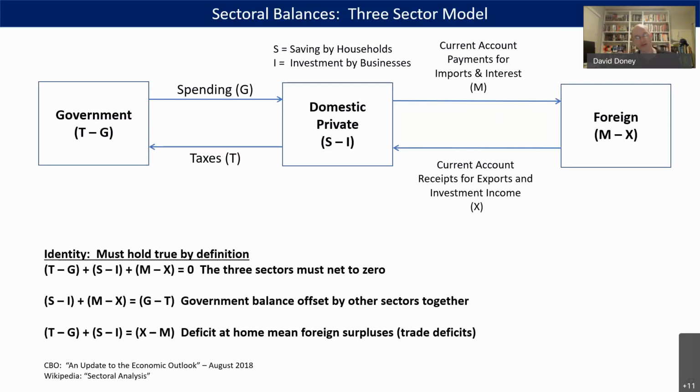Likewise, if you have a trade deficit, meaning the foreign sector is in surplus, they're draining money out. So when I said earlier you want the government budget deficit to be bigger than the trade deficit, what I'm essentially saying is the government should be injecting as much money into the private sector as the foreign sector is taking out.